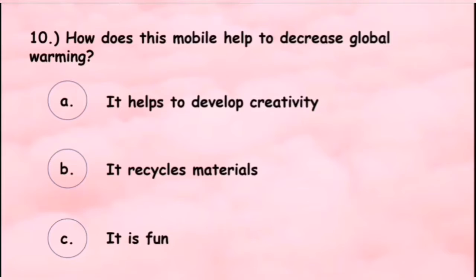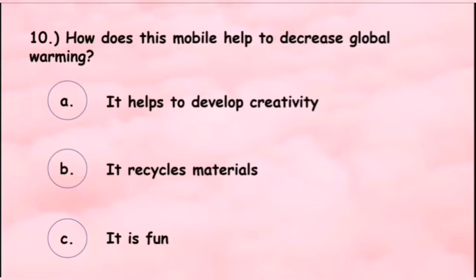So for example, instead of throwing away old clothes or old hanger, you use it to decorate your hanging mobile. So in this case, are you helping to solve the problem about global warming when you use old materials again? Yes or no? How about letter C?